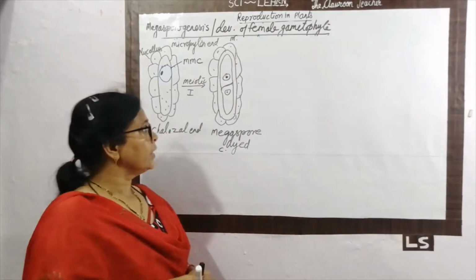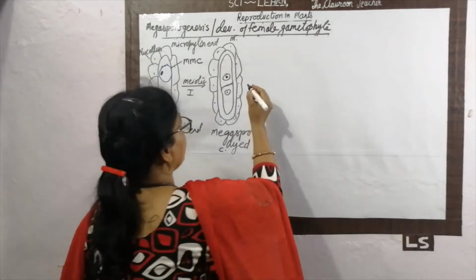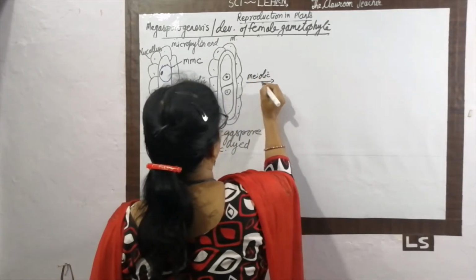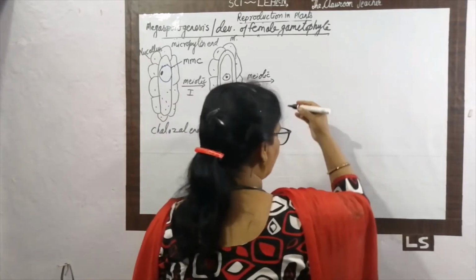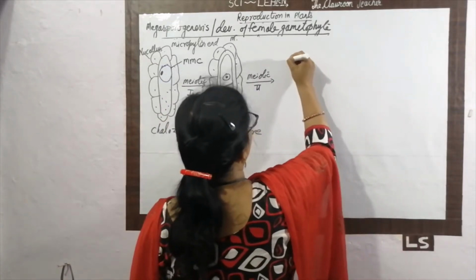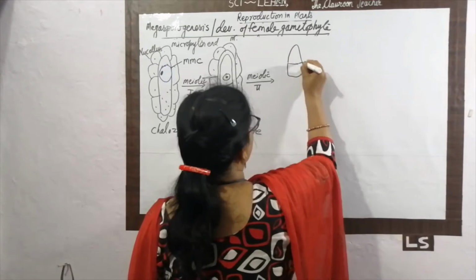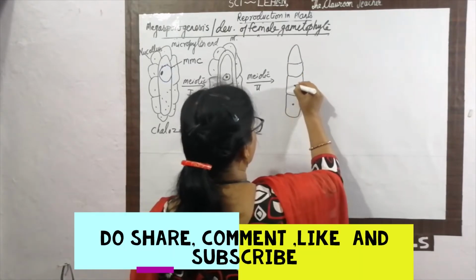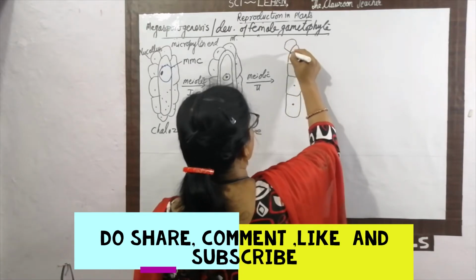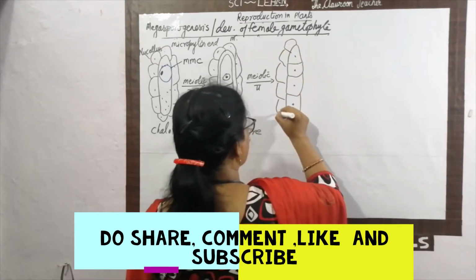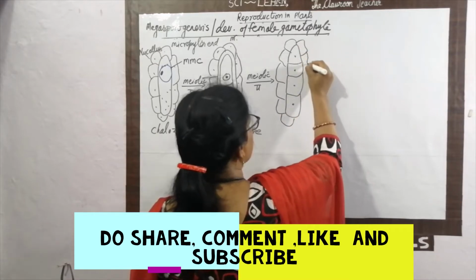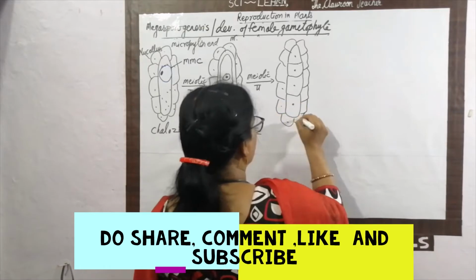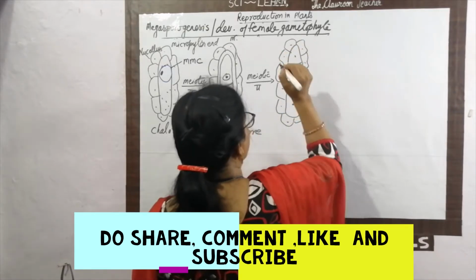Then again one division goes on, that is called meiosis 2. As a result of meiosis 2, the 4 cells are formed. Nucellus is present again outside of this. Okay, these are all the nucellus.